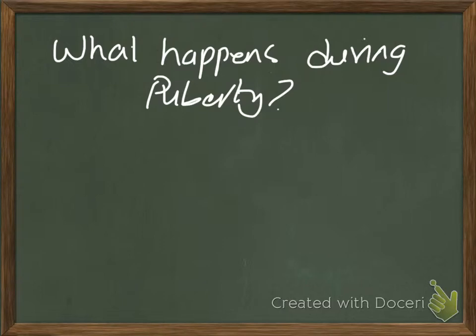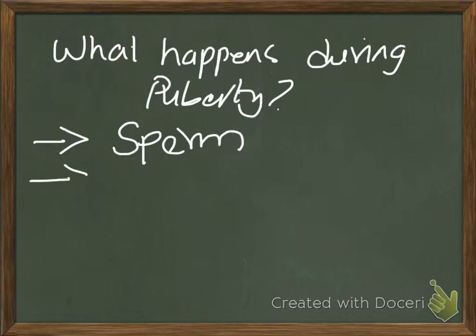What happens during puberty? Males contain a gamete called sperm and females contain a gamete known as egg.